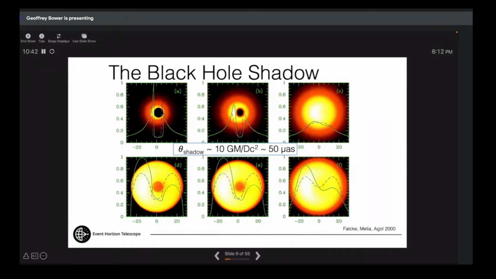It's been known for more than 2 decades that Sagittarius A star is an excellent target. This is from a paper from over two decades ago, predicting the shadow size and appearance, and predicting a diameter of around 50 microarcseconds.